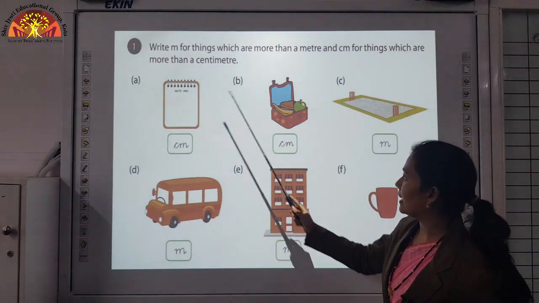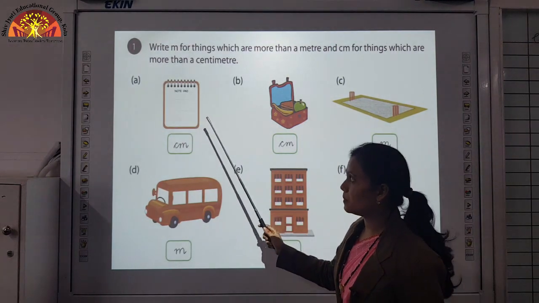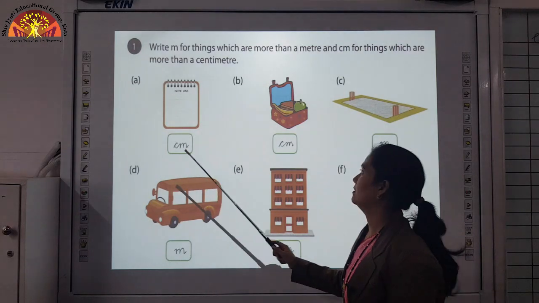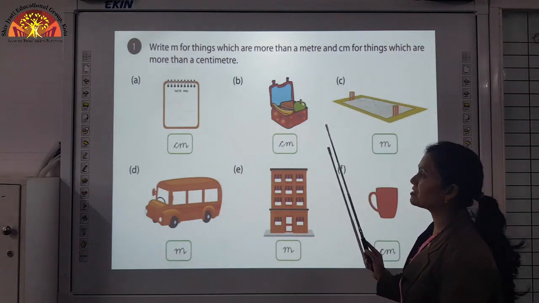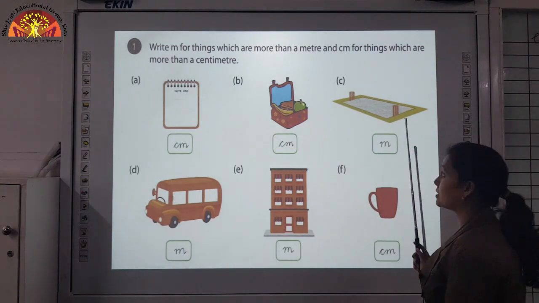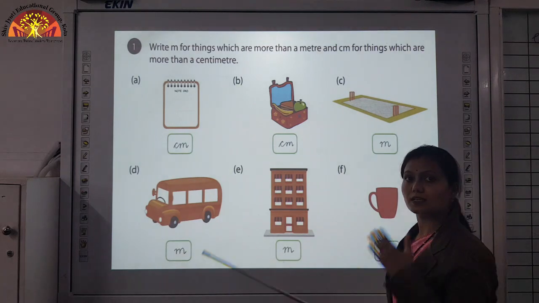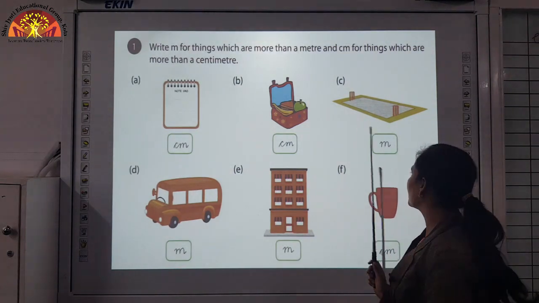Now see A. This is a notepad. So the notepad will be measured in centimeter. Next, this is a box. Box will be measured in centimeter. This is a pitch. Now you can see this is a cricket pitch. It is very long. So we will measure this cricket pitch in meter.